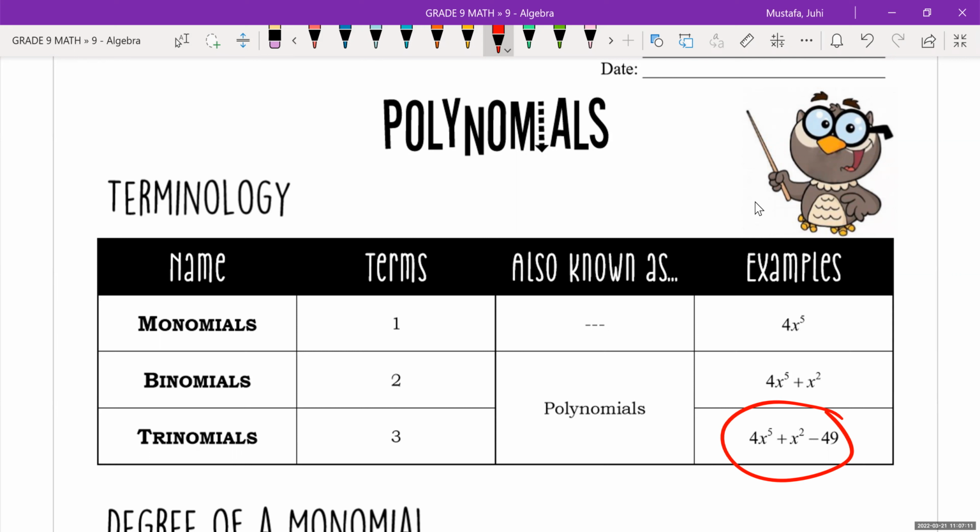Let's look at the next one. Remember we were talking about what the exponent is if no exponent is actually written? It's automatically 1. So if you wanted, you could put a little 1 there and a little 1 there. Now we have an exponent of 1 and an exponent of 1. We're going to add those together to get a degree of 2.